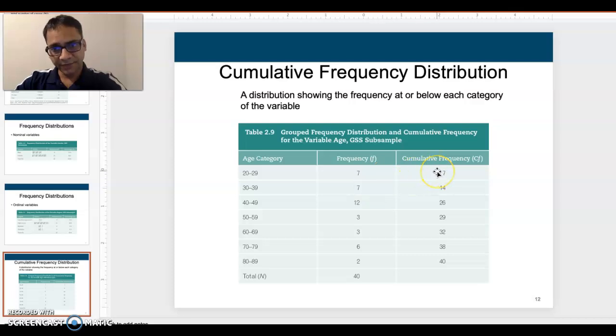So we have 7 here, cumulative frequency for the first age category. Then we add this 7, so it becomes 14. We add 12, then it becomes 26. In 26 we add 3, it becomes 29. So for each category we keep on adding the frequency, and the total for both should be the same.